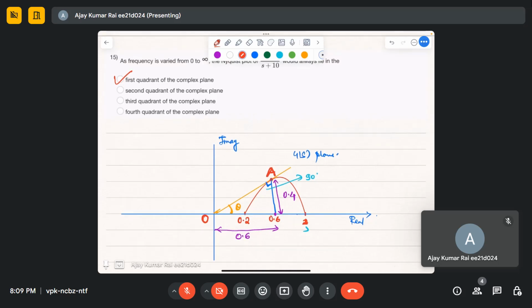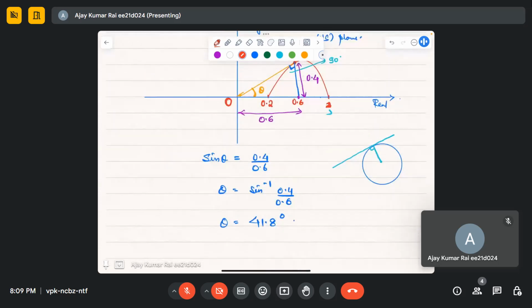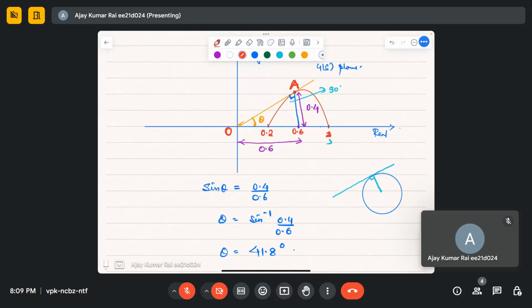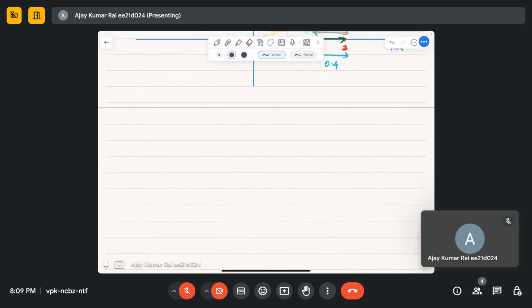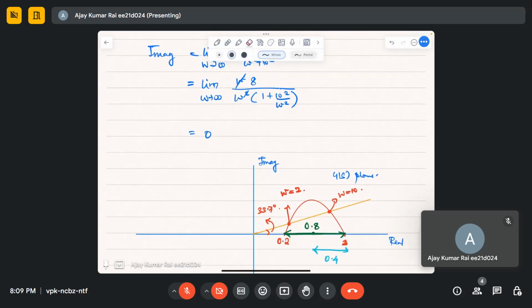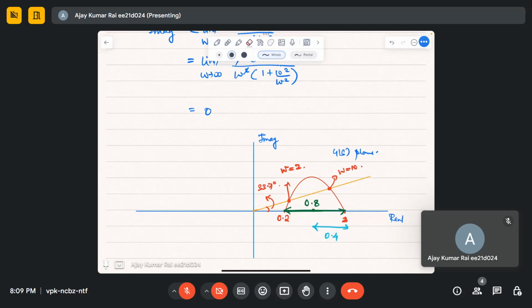Any doubt in this question? In the previous question, why is point A making the maximum angle? In the previous question we have drawn the Nyquist plot. At omega equal to 2 and omega equal to 10, we are getting the same magnitude and same phase.